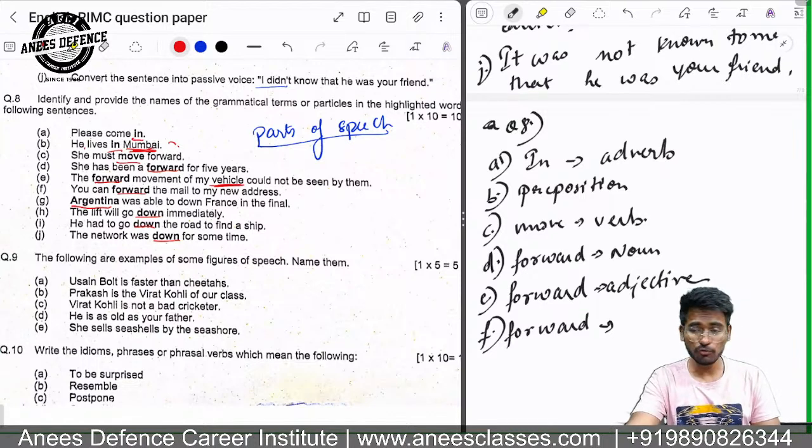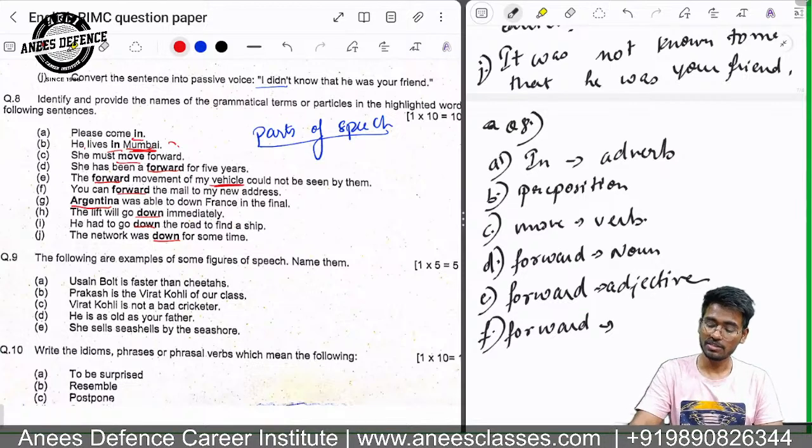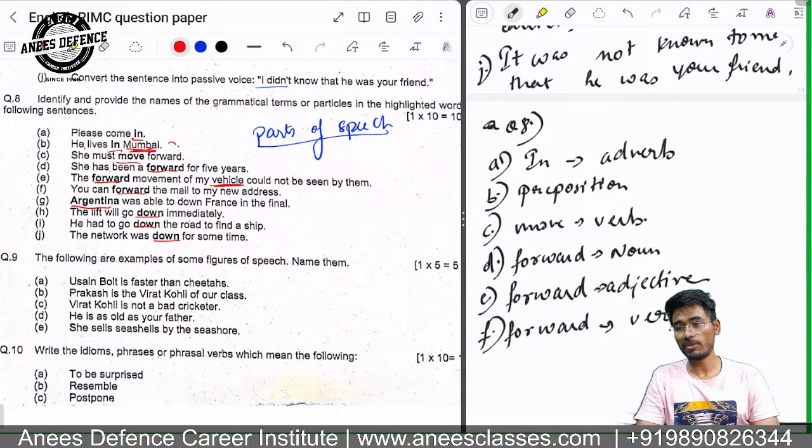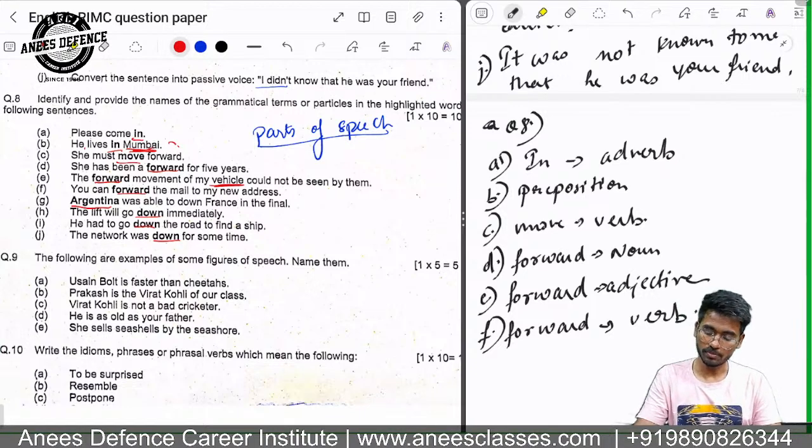So here the word forward means verb because you are making an action. You are doing something on the computer or the laptop and you are forwarding the mail. So with respect to this sentence, forward is nothing but a verb. Three different sentences but the same underlined word in different senses.